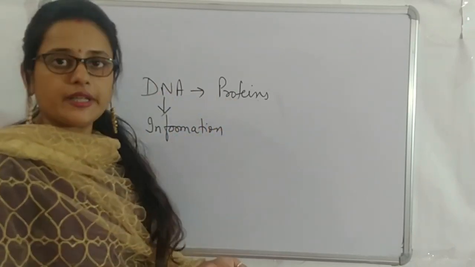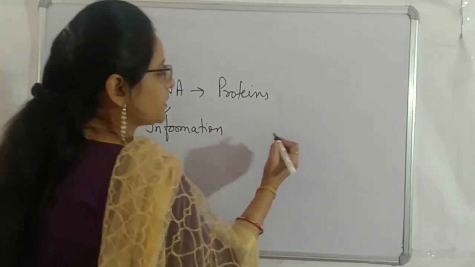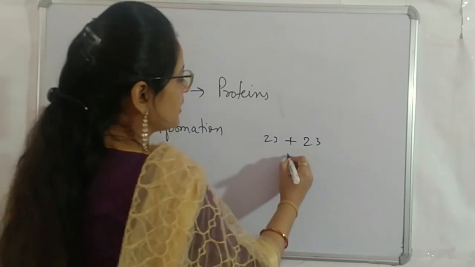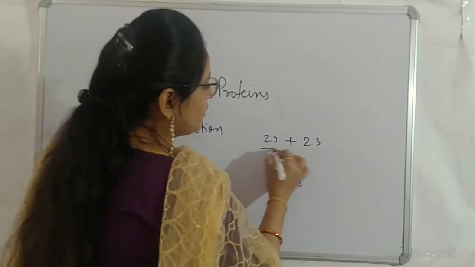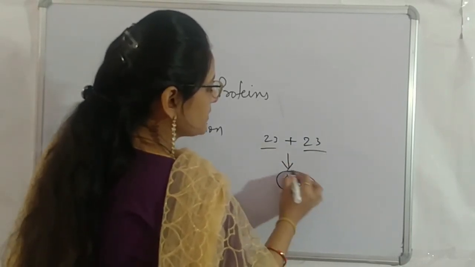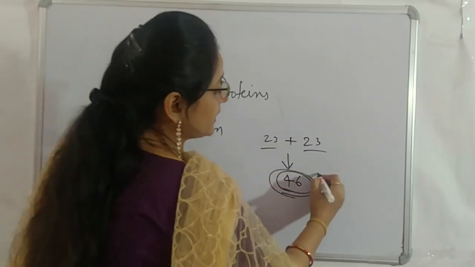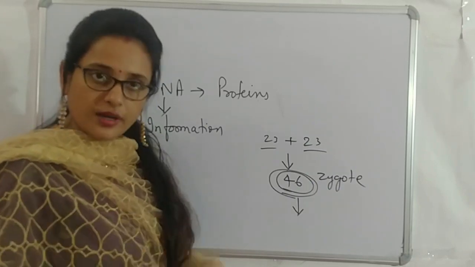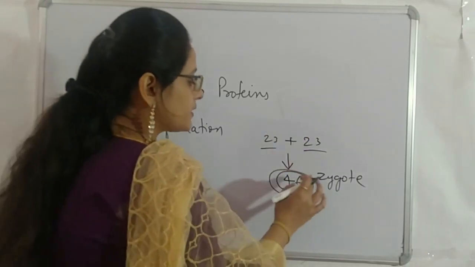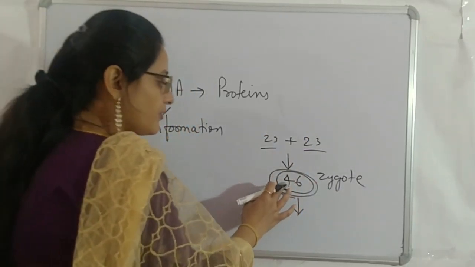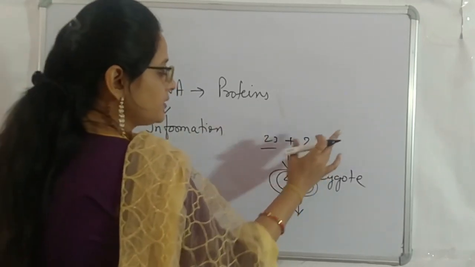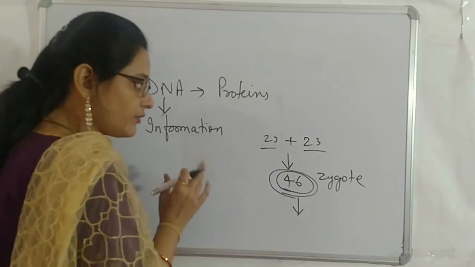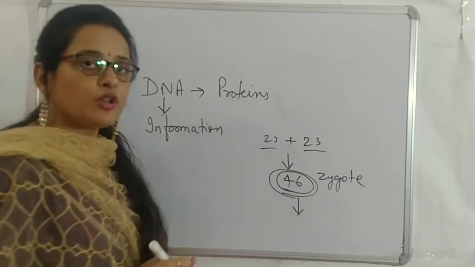Every cell of ours has DNA, and we are the fusion product of 23 DNA from father and 23 DNA from mother. So we have 46. We had 46 DNA in zygotic form, and from this zygote only we have our large bodies now. So this DNA, which we got from our father and mother, is the source of all the information in our body which leads to the formation of proteins.